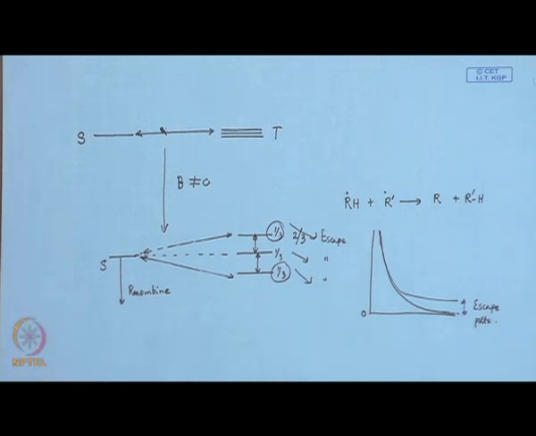Okay. So what experimental observation may we expect here, in the presence of an external magnetic field, if it is a singlet born radical pair? Singlet born radical pair and triplet born radical pair will behave in opposite fashion. Singlet born radical pair, immediately after its birth, will tend to recombine.